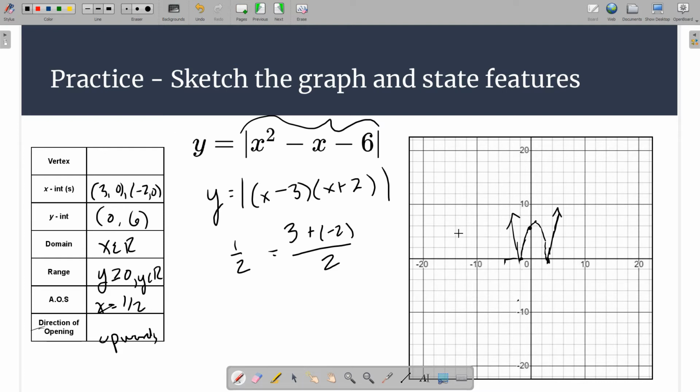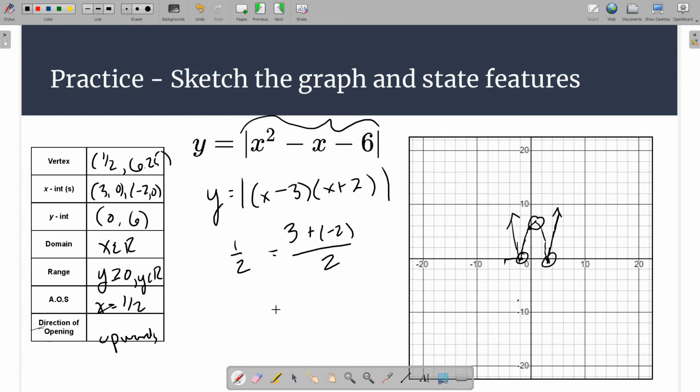And our vertex, so we've got a few vertices here. This is going to just be referring to our normal vertex, this part right here. These are vertices as well. They're specifically x-intercepts too. But I'll just pull this one out to here. So this is going to be 1/2, comma, and in order to get what that y value is, you can just plug it in. I believe it's going to be 6.25.